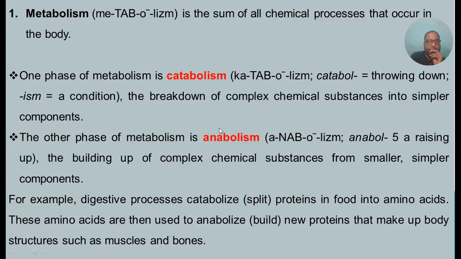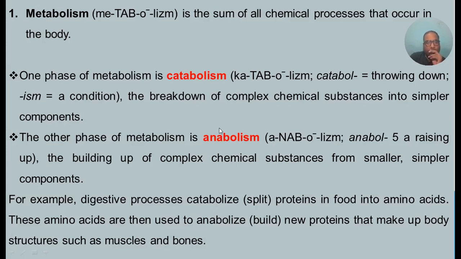So for example, digestive processes catabolize, means split, protein in food into amino acids. As I have told you, proteins are the macromolecule and amino acids are the simpler molecule. So proteins are broken down into simpler form, that is amino acids, and these amino acids are used to anabolize new proteins that make up body structures such as muscles and bones.